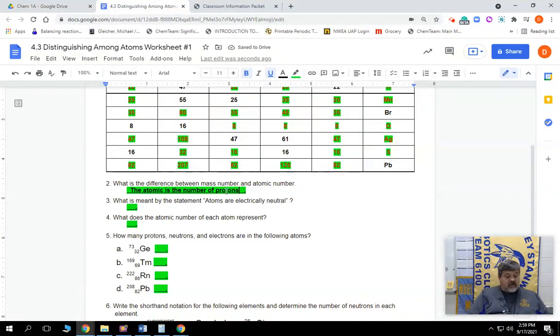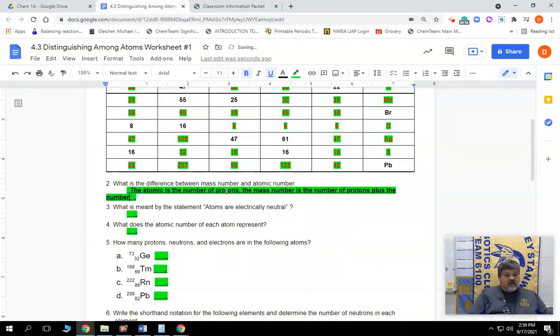Well, remember the mass number is the number of protons plus the number of neutrons. So again, the atomic number is the number of protons. The mass number is the number of protons plus the number of neutrons.